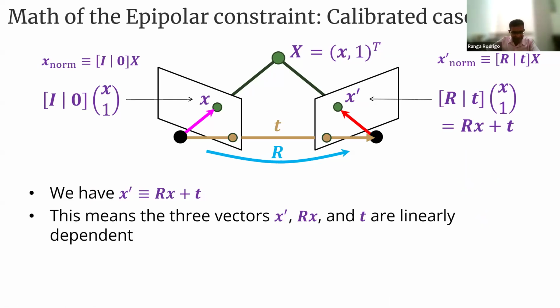I will do it again, no problem. So this is our C, this is our A, this is our B. So the triple product is C dot the vector A cross B. This is the triple product.